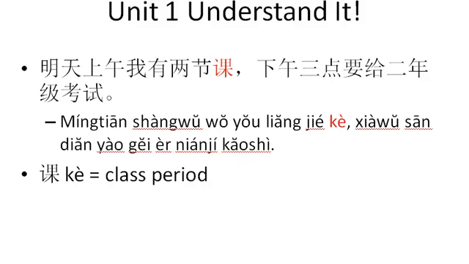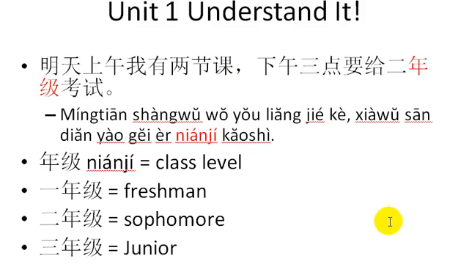So let's see what that is all about. Okay, so 要 you just learned is she's planning to do something. She will do something tomorrow. 给 means to give. So she's going to give somebody something, and that something is here in 考试. But who's the somebody? The somebody is 2年级.